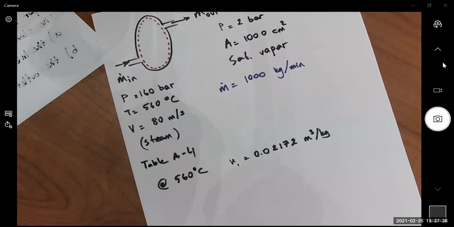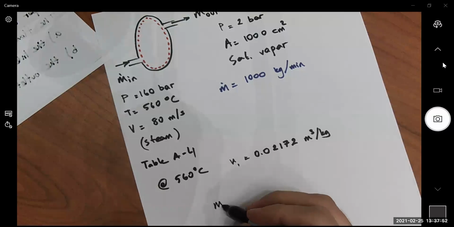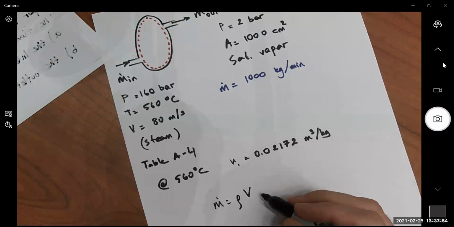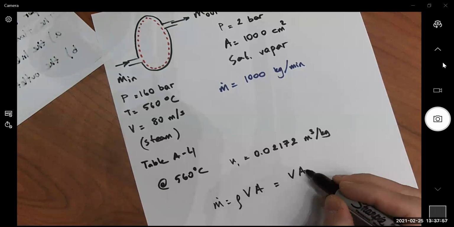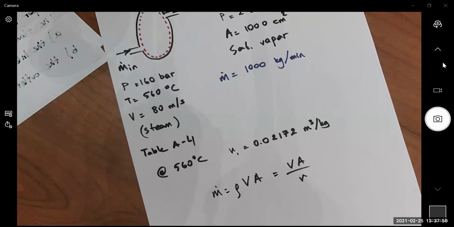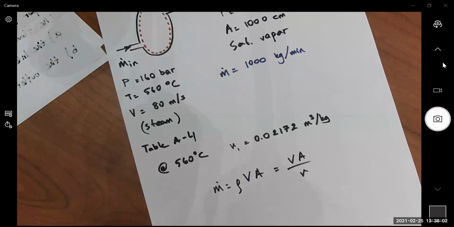I know my mass flow rate, I know my specific volume, and I know my velocity, so I can calculate the area. Remember, mass flow rate equals rho V A, or velocity times area over specific volume. So I know everything except the area at the inlet, so I can calculate that.